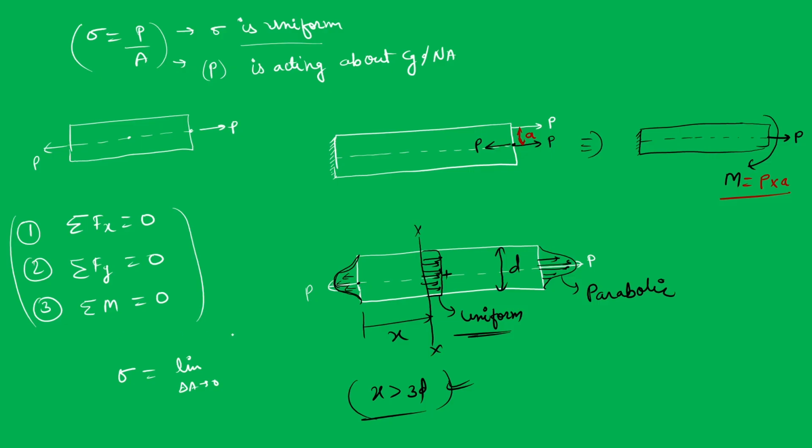So I may write P as a function of x, or something like that. Or I can transform it like this, by dx, something like that. Now, this is the load and all.